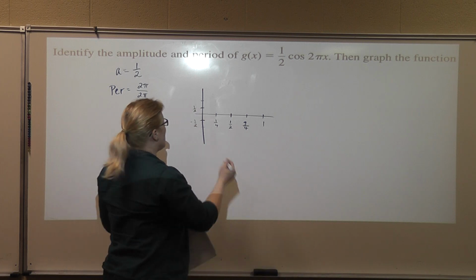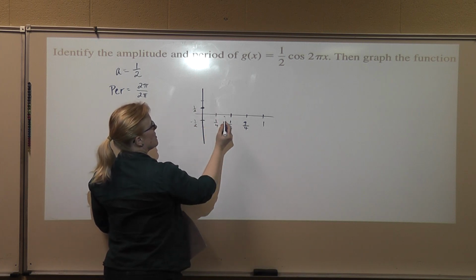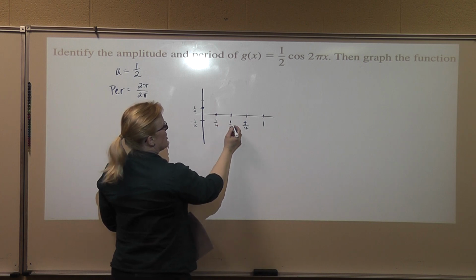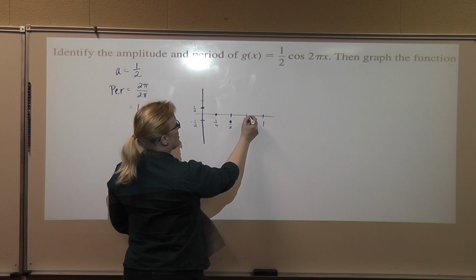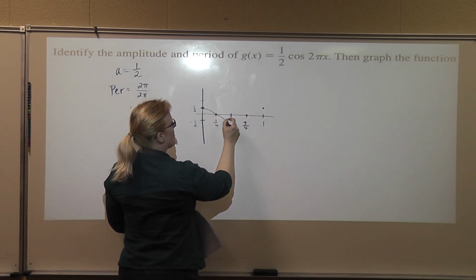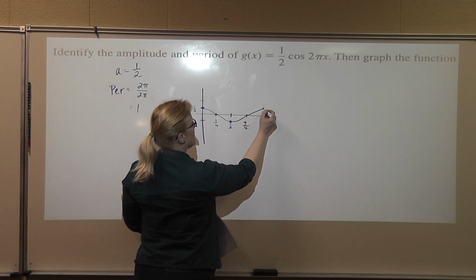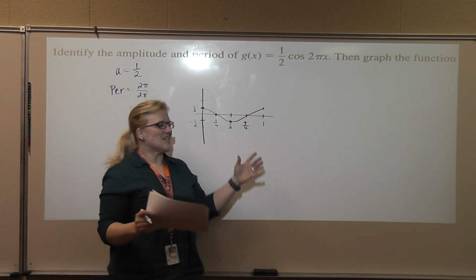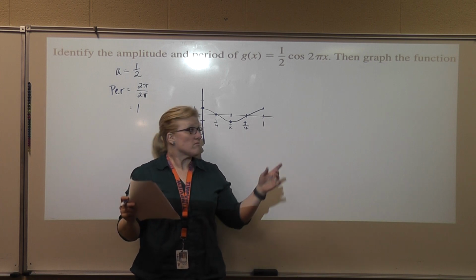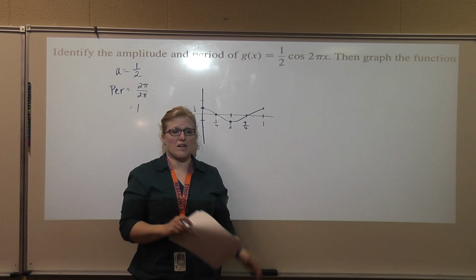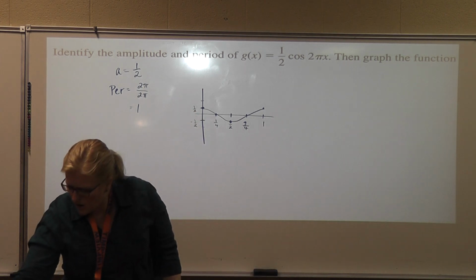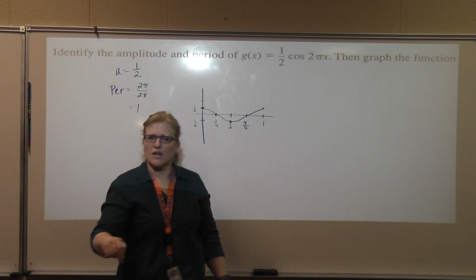Well, cosine starts here. It's going to go through 0, down to this point, and to here, and to here. So it's flatter, and it's condensed a little bit. Normally we see a 2 pi there, and it's just a little bit more condensed and a little bit shorter. That is what I have.